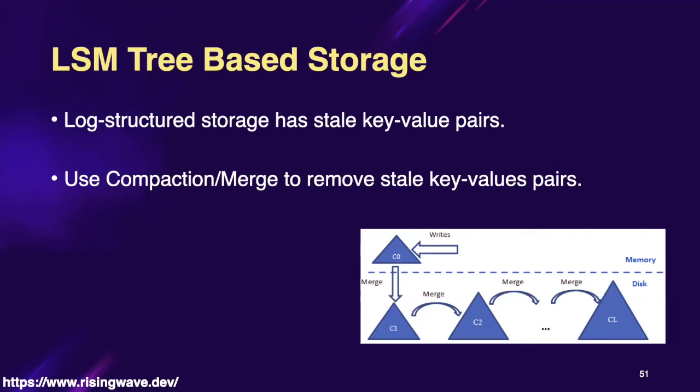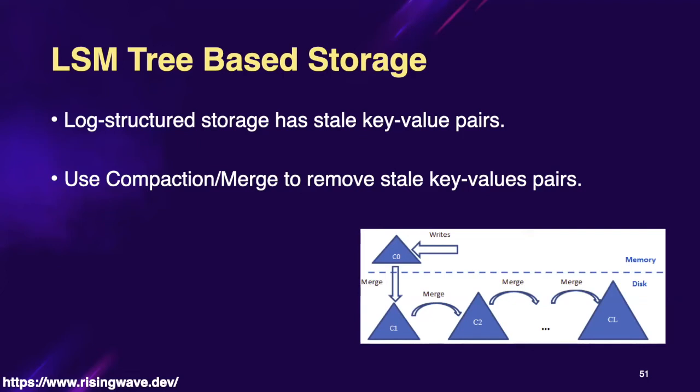When we do this compaction, or merge process, we just do a merge sort and eliminate all the duplicate values with the same key. So in this compaction process, we can eliminate all the stale key-value pairs, right? Normally the size of each component is bigger than the size of the previous component.